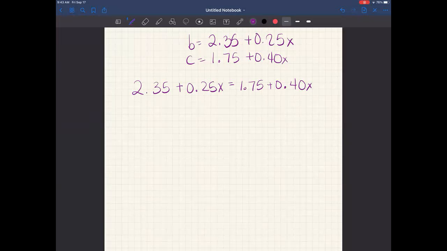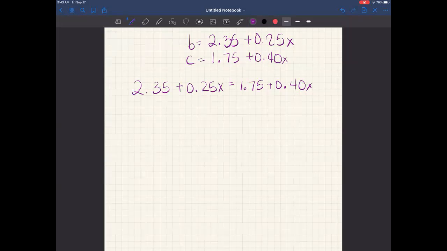Now, the key to doing problems like this, right, we all want to make our lives easier. I'm pretty sure no one says, I want to do the harder things in math. So what we're going to do is look at my numbers, and I'm going to try and get it so that all of them stay positive. I don't want to have to look at a negative in this problem at all, okay?